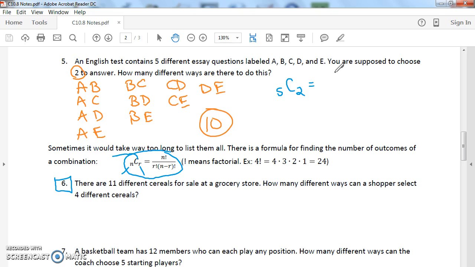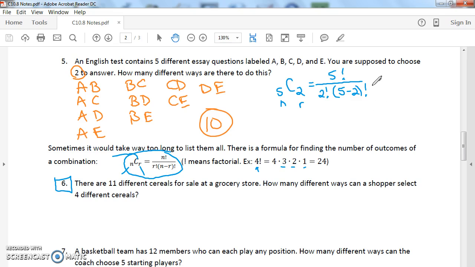And the formula works like this. The top is n factorial, so this is n, that's r, so it's 5 factorial, and that would be divided by r factorial, so 2 factorial, times n minus r, so 5 minus 2 factorial. Now the factorial means that you take the number that is given and you multiply it by every number all the way down to 1.